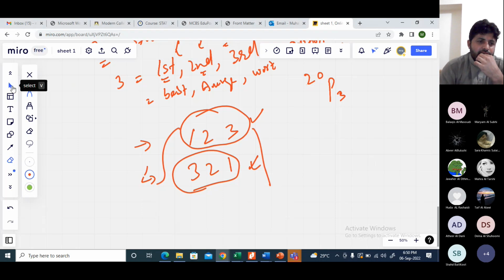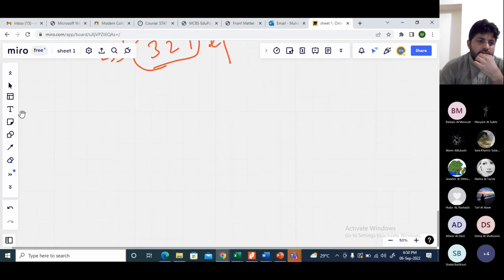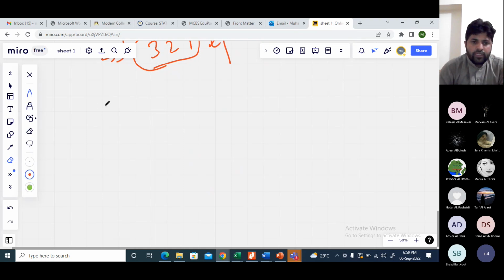For example, you have 5 fruits: apple, banana, strawberry, or maybe some sort of, what fruit do you like? Orange. Maybe orange. So these are 5 fruits.